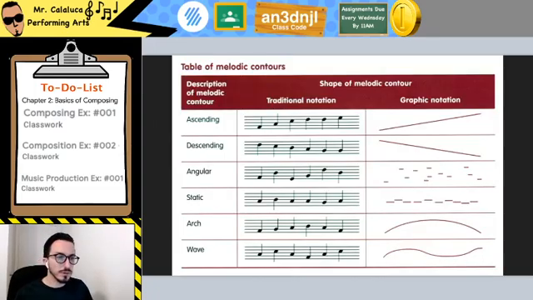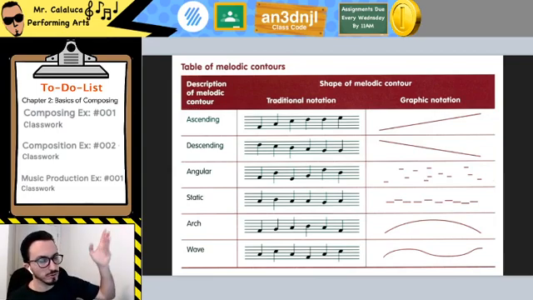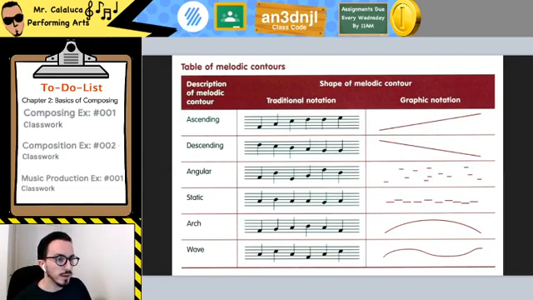And if you look at the table here that I have, these are the motions, okay? You can have an ascending melody, which goes boop, boop, boop, boop, goes up, or a descending melody that goes down, all right? You can have an angular one, which goes up, up, up, down, just goes craziness. You can have a static one, which doesn't do too much. It holds on to the same note most of the time, which is what a lot of pop songs do nowadays. There's static motion so much.